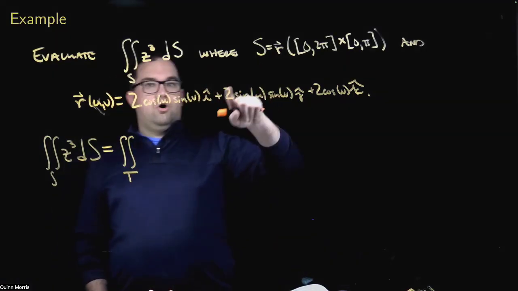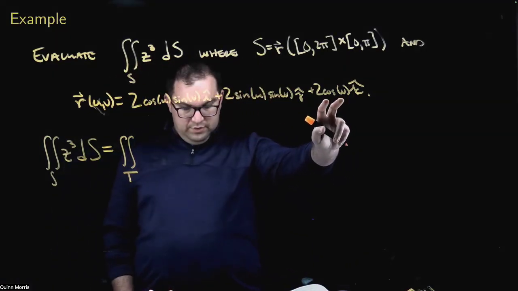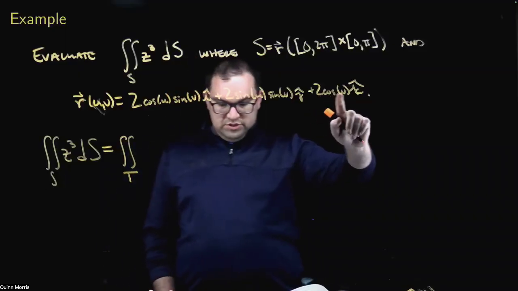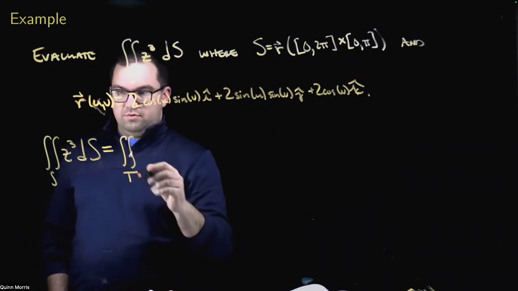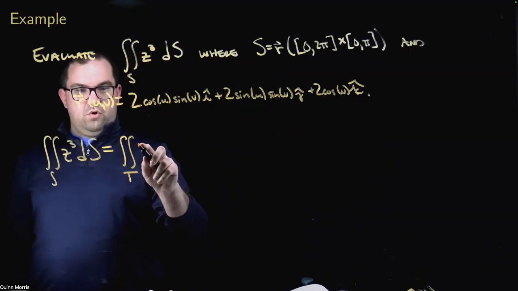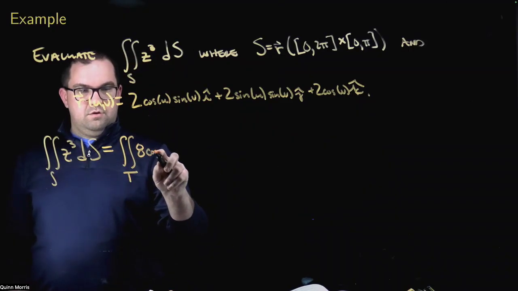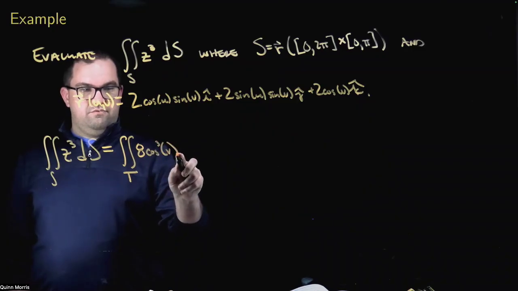On this surface, the z component is 2 cosine of v. So we get 2 cosine of v cubed, or 8 cosine cubed v.